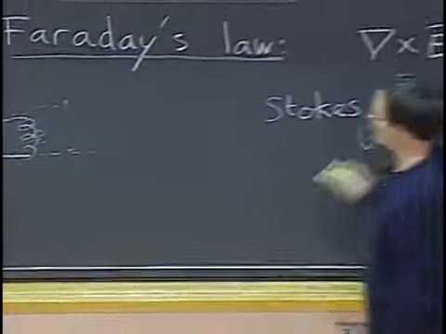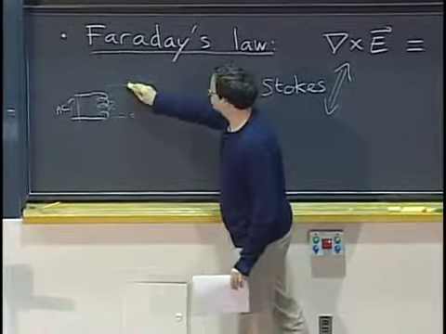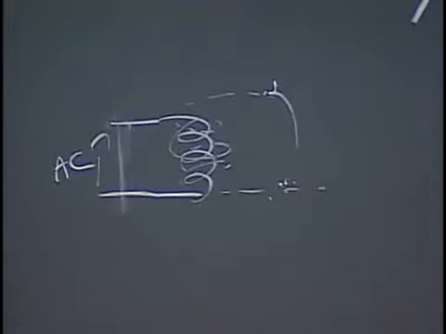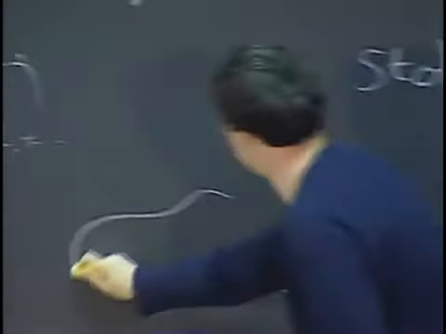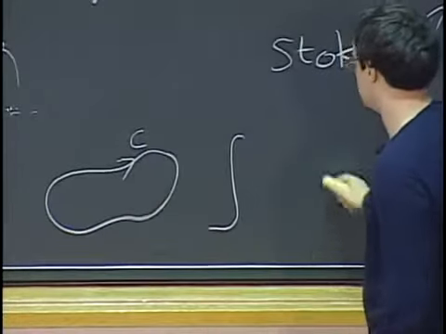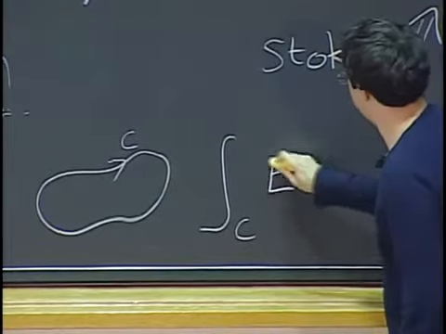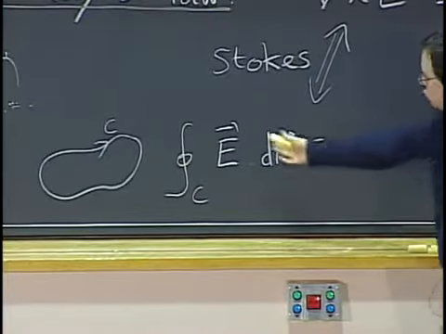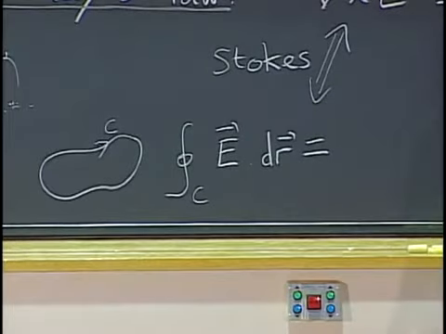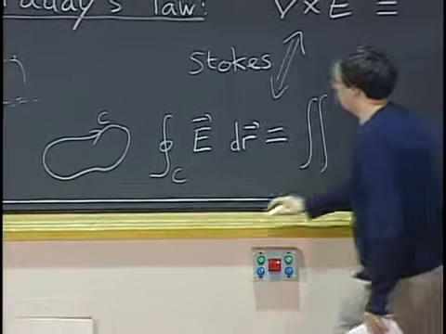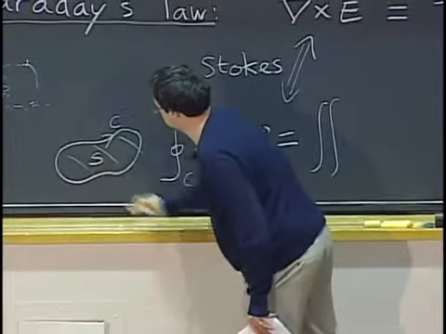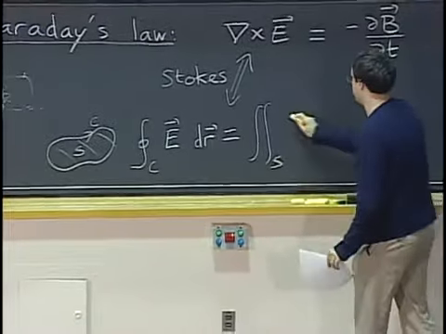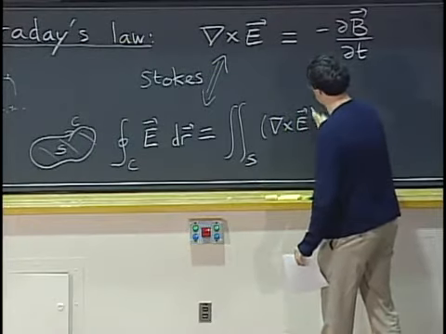Okay? So more precisely, how do we find the voltage between these two points? Well, let's close the loop, and let's try to figure out the voltage inside this loop. So to find the voltage along a closed curve placed in a varying magnetic field, we have to do the line integral along a closed curve of the electric field. And you should think of this as the voltage generated in this circuit. That will be the flux through this surface bounded by the curve of curl E dot dS.